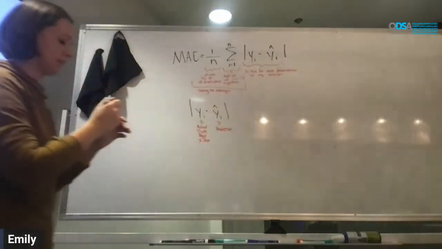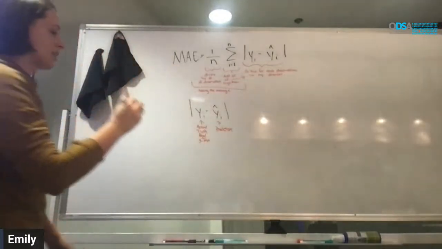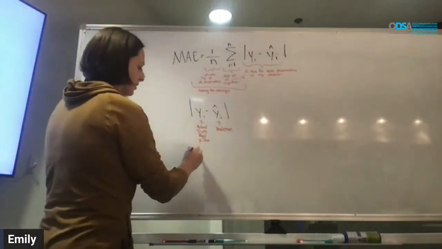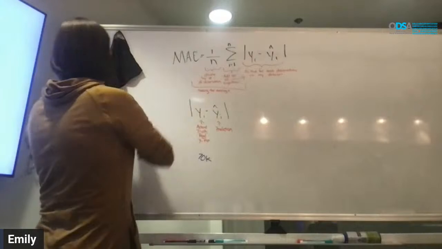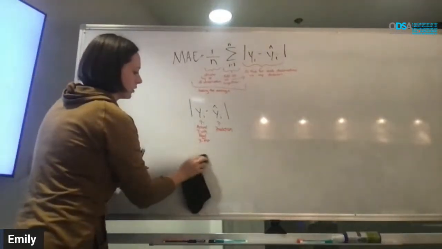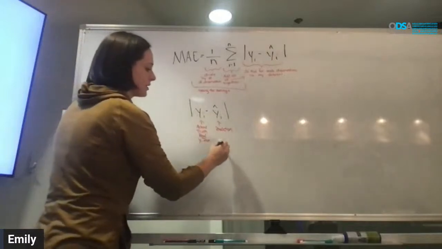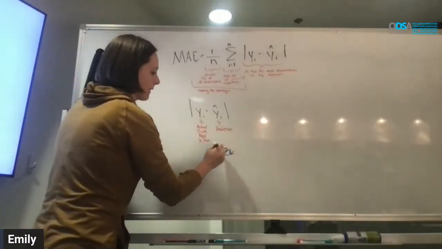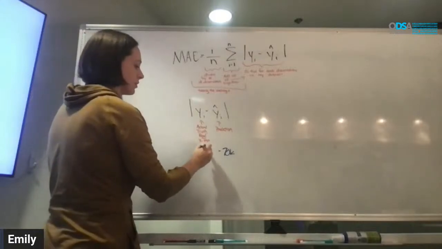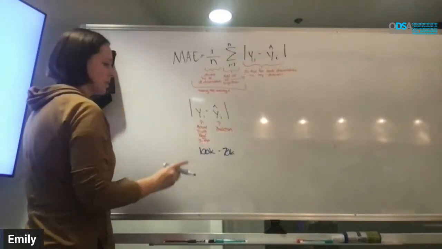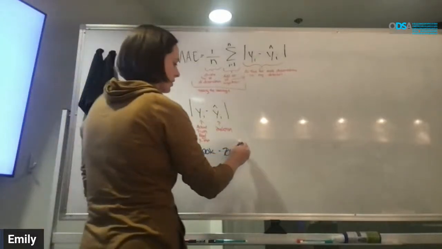If I predicted the house was $70,000, but the house was actually $100,000, 70,000 minus 100,000 is negative $30,000. Oh, sorry, I put that in the wrong spot. There we are.